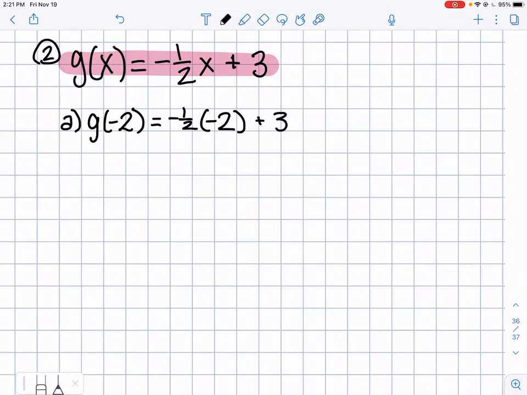What's negative 1/2 times negative 2? What's half of 2, guys? 1, and we got 2 negatives, so it's a positive 1. 1 plus 3 is 4. So g of negative 2 is 4. What's the point? Negative 2, 4. The 1/2 was in the rule. You multiply the 1/2 by whatever is in the front.